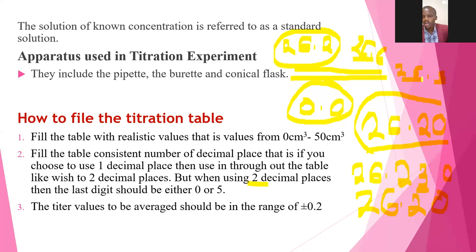And you know that at the national marking, if your values are within the range of 0.1, you will get 1 mark.